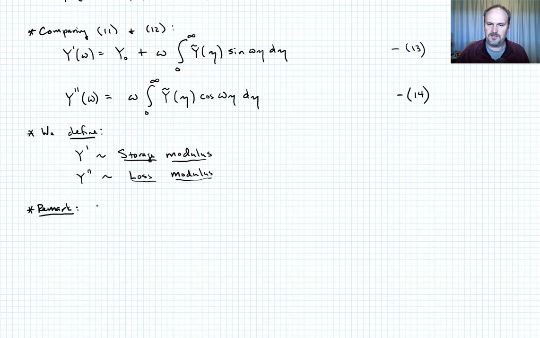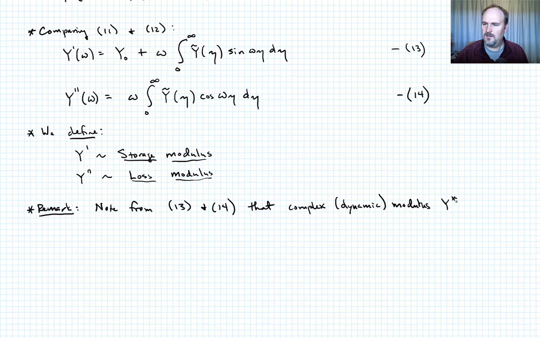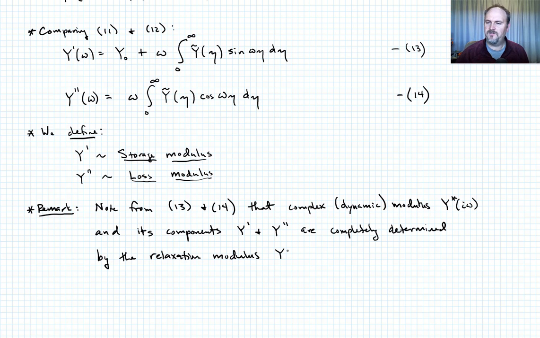Okay? So I'll just say that, noting from equations 13 and 14, the complex or dynamic modulus y star is a function of i omega, and its components y prime and y double prime are completely determined by knowing the relaxation modulus, y of t.